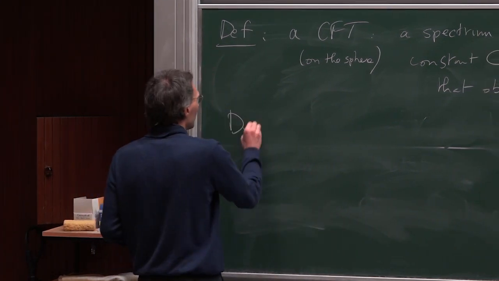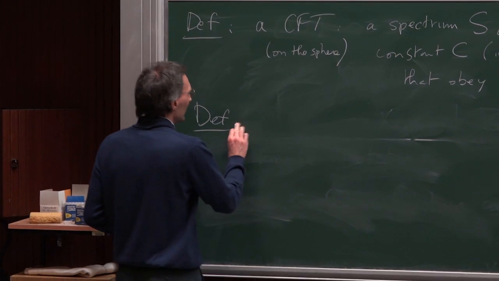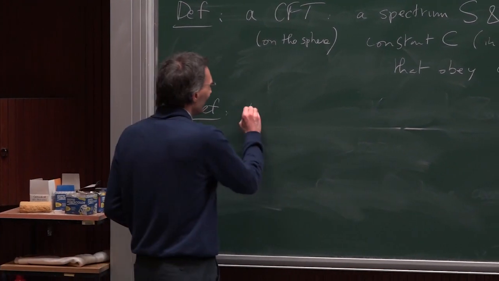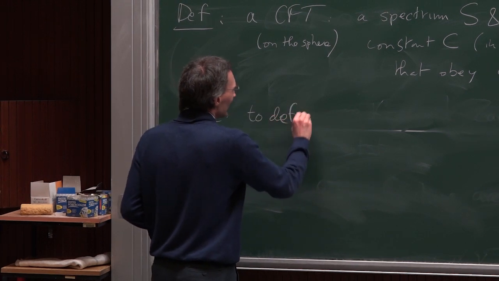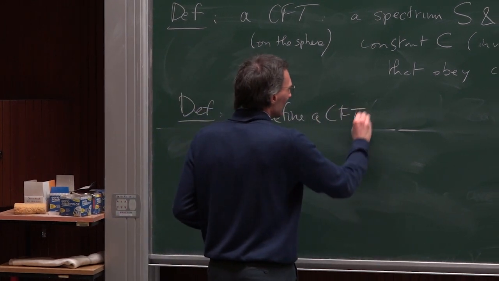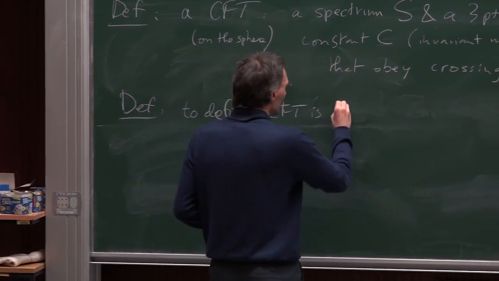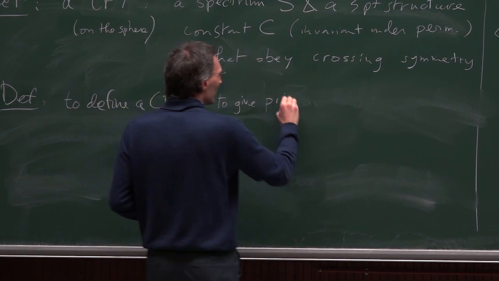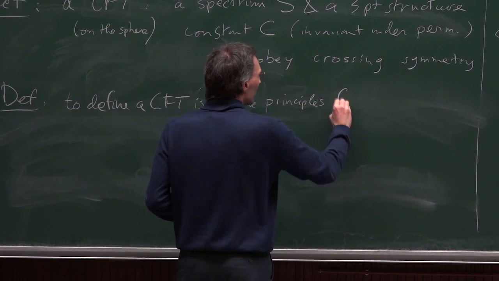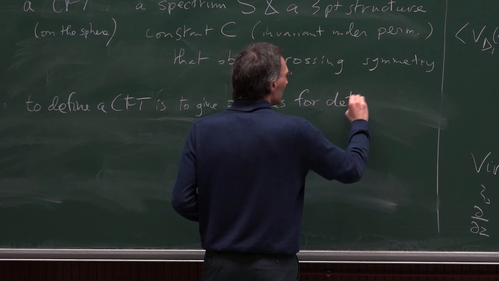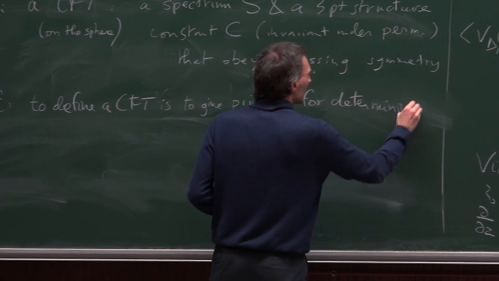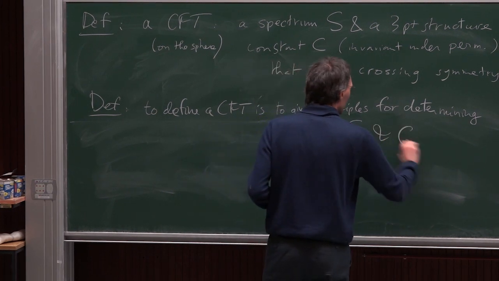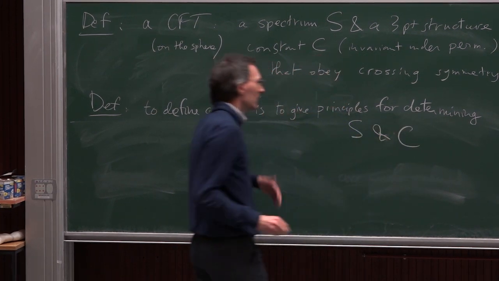And then let me define what it means to define. So to define a conformal field theory is to give some principles for determining the spectrum and the three-point structure constant. And we'll see examples.